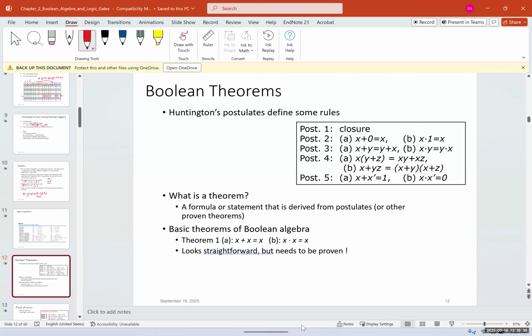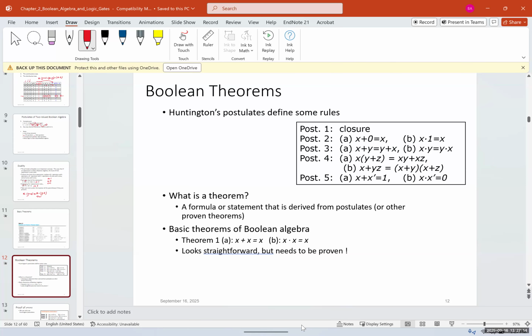Postulate number 3 gives us x plus y is equal to y plus x, and x and with y gives us y and with x. Postulate number 4 is the distributive law. X and with y plus z gives us xy plus xz, and x plus yz gives us x plus y and with x plus z. And postulate number 5 is x or with x prime gives us 1, and x and with x prime gives us 0.